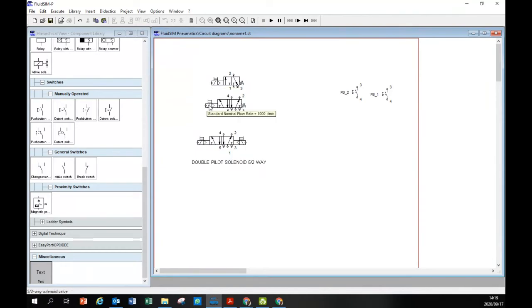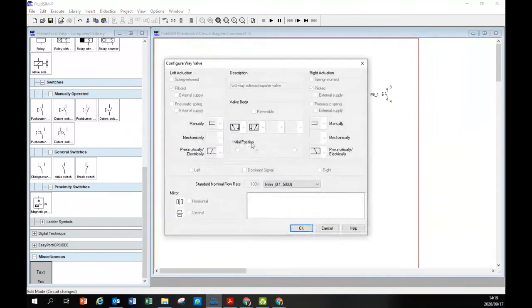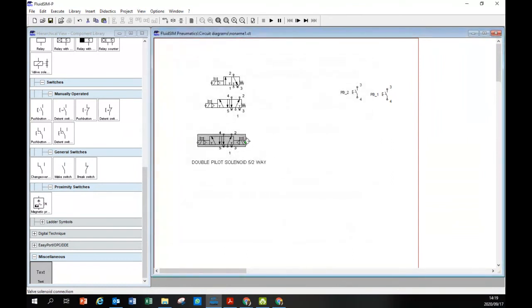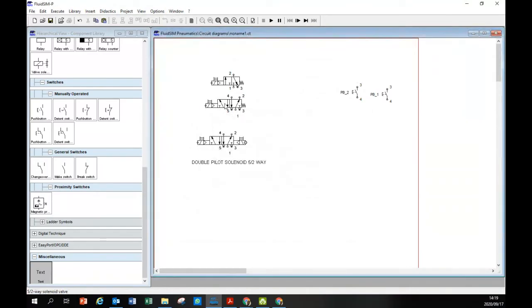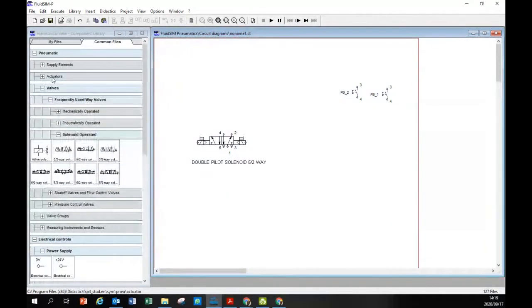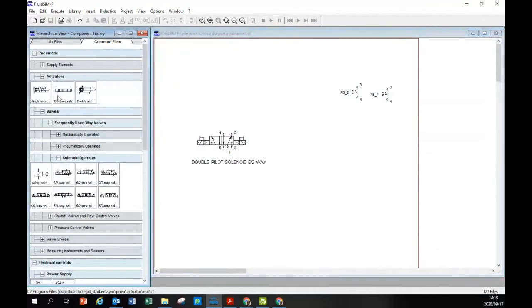This one is how you actuate, that side is how it returns. But this one returns with activation of a push button or a sensor. Delete these other ones. Double way actuators. This one.